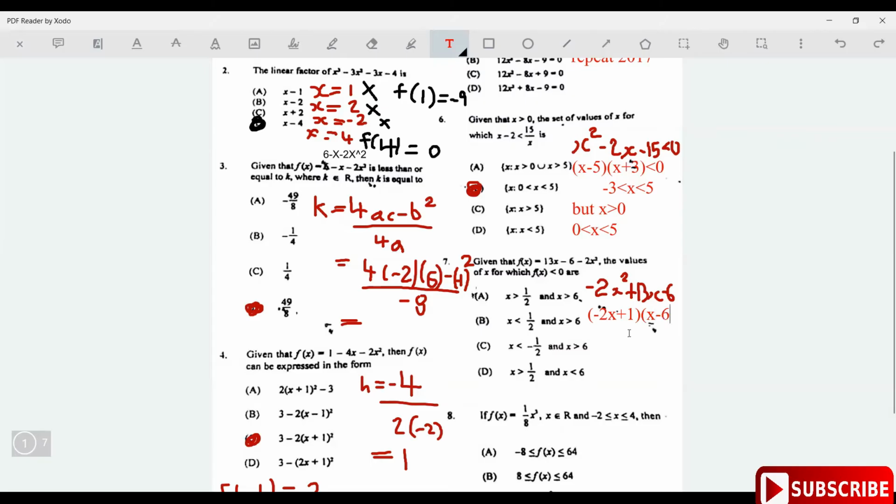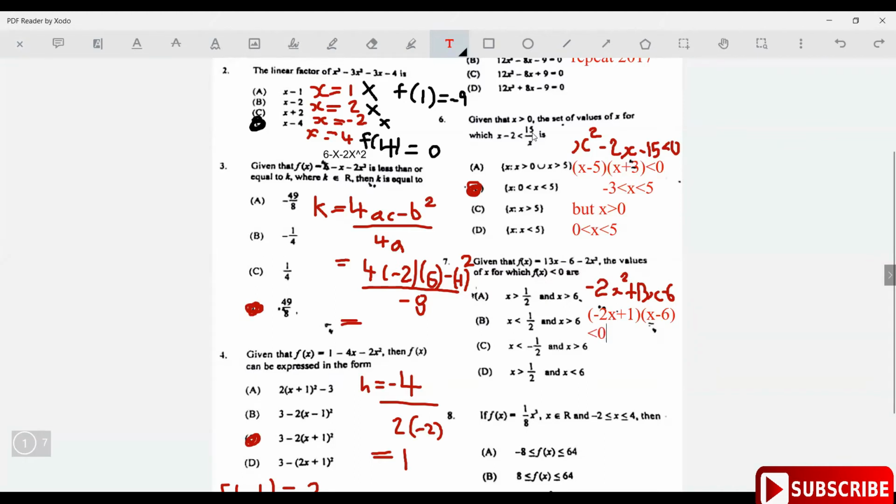Let's see if this would work. This times this is minus 2x squared. This times this is minus 2x squared plus 12x plus 30. Yeah, this works. So this works, and we want when this is less than 0.